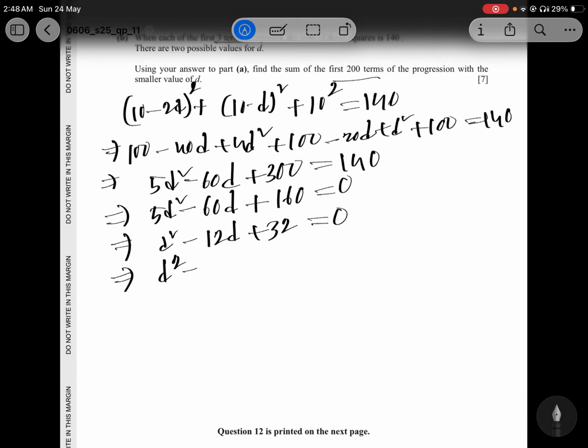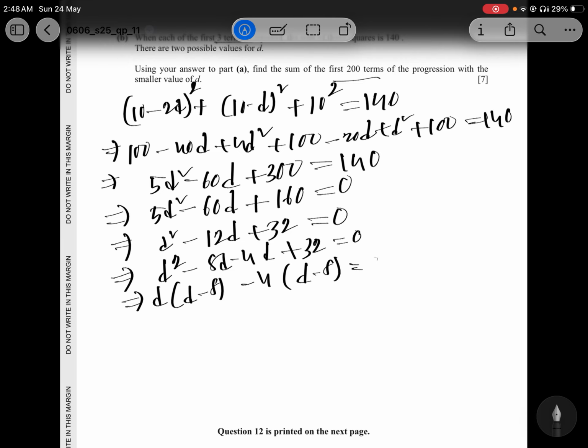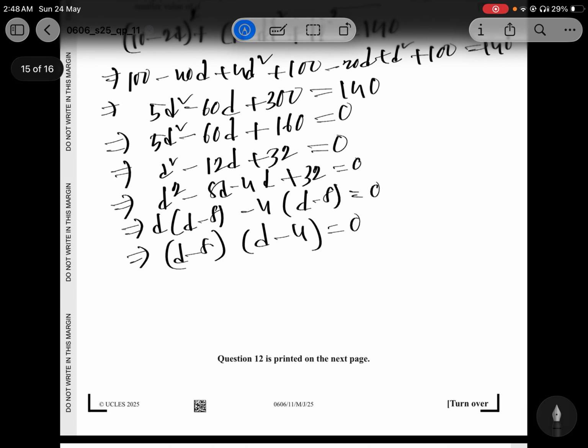D square minus 8d minus 4d plus 32 should become a 0. So d common, d minus 8 minus 4 common, d minus 8 which is 0. So d minus 8, d minus 4 should become a 0 here. So our d smallest is 4.